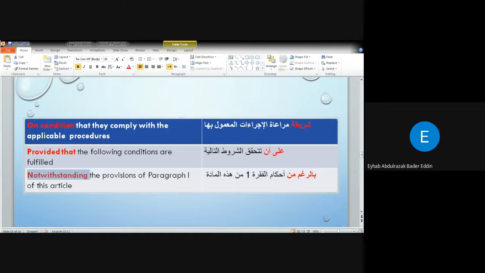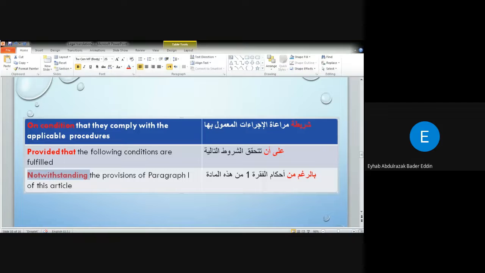Okay? Is it fine? Any question? Okay, great. All right, so if we move on, in legal translation or in legal texts, we have certain words which we must possess, which we must be in command of, so that you adopt the legal tone and you set the legal tone for your texts.